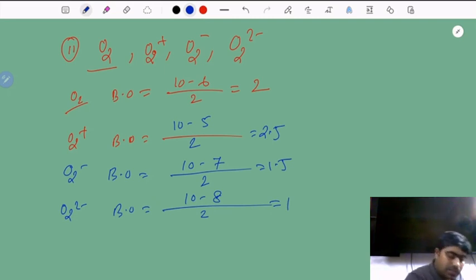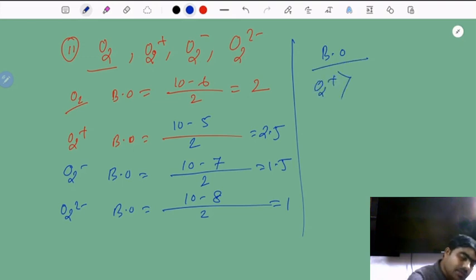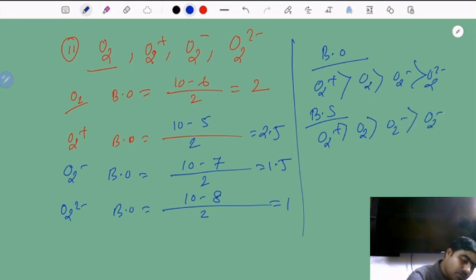So see the order of the bond order: O2 plus is maximum, then O2, then O2 minus, then O2 2 minus. If the question asks you to arrange the bond strength, bond strength and bond order are directly proportional, so it follows the same order: O2 plus, O2, O2 minus, O2 2 minus.